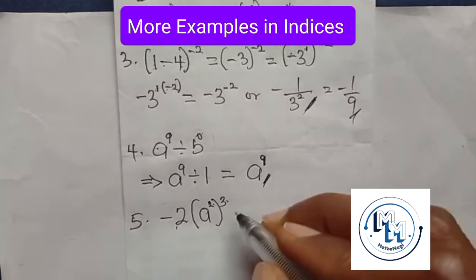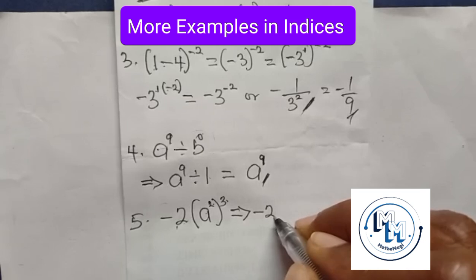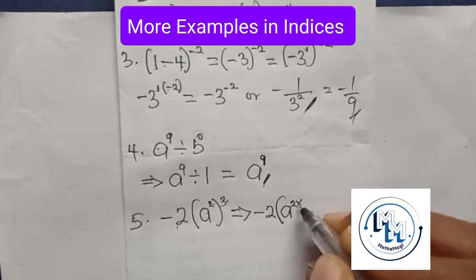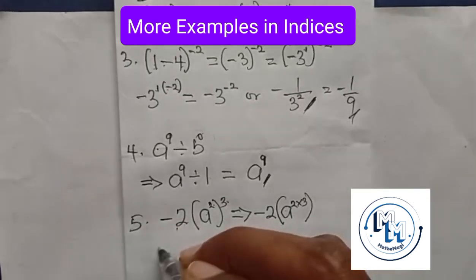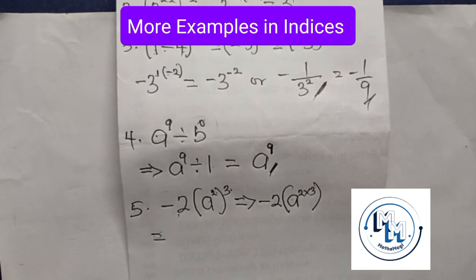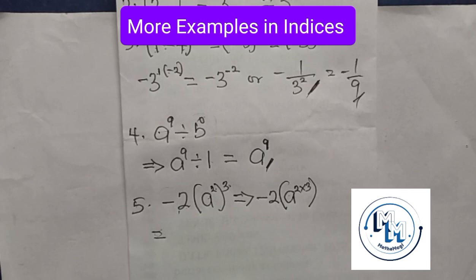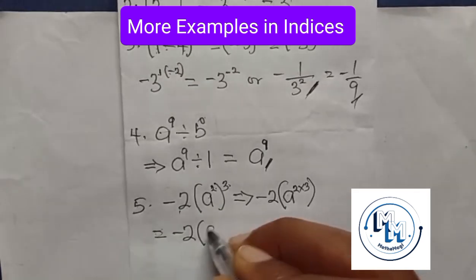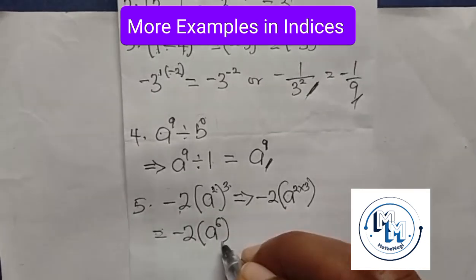In other words, this is going to give us minus 2 brackets a power 2 times 3. So this is equal to minus 2 into brackets a power 6, since 2 times 3 is 6.